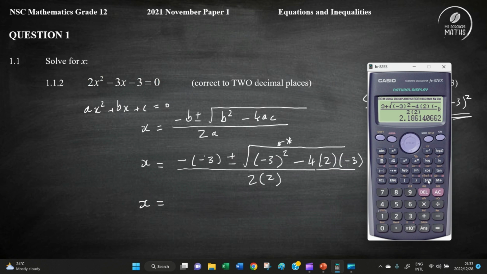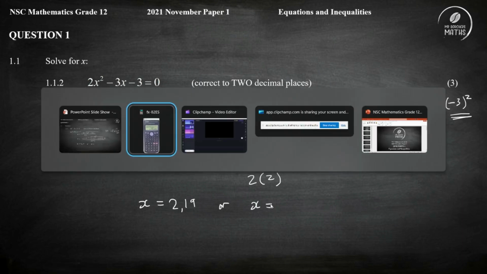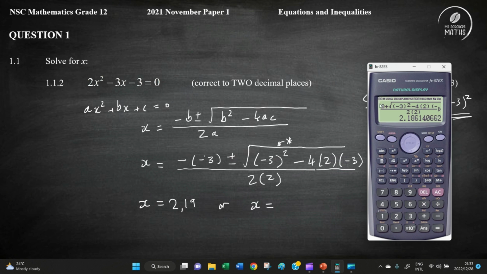Okay, and switching to the decimal format, we see that our one answer will be, to 2 decimal places, 2,19. Or our other answer, x would be equal to... Now what we have to do here is to go back, and we have to change that positive, which came from the plus minus, to a negative.